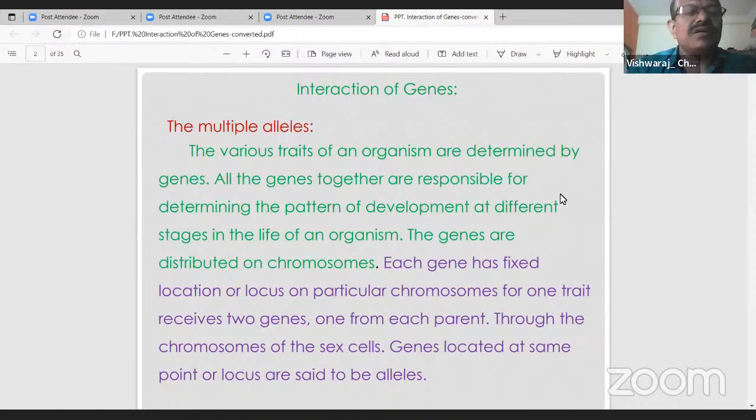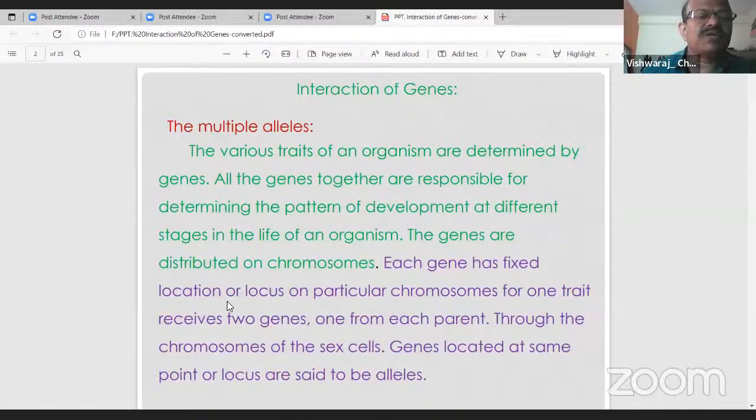The genes are distributed on chromosomes. In the fifth semester, we have seen types of chromosomes, genes located at special locations on chromosomes, and the number of genes located on a single chromosome. Chromosomes have two arms and a central centromere.